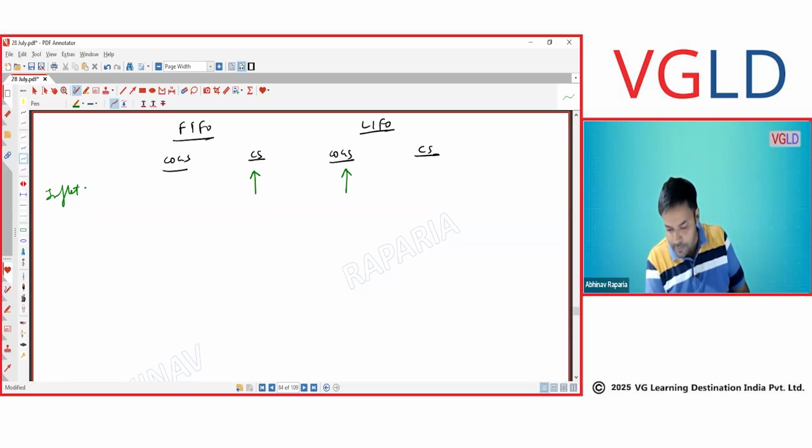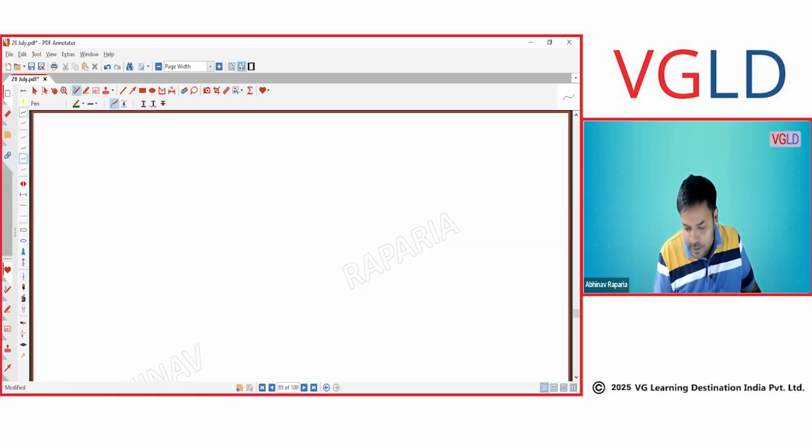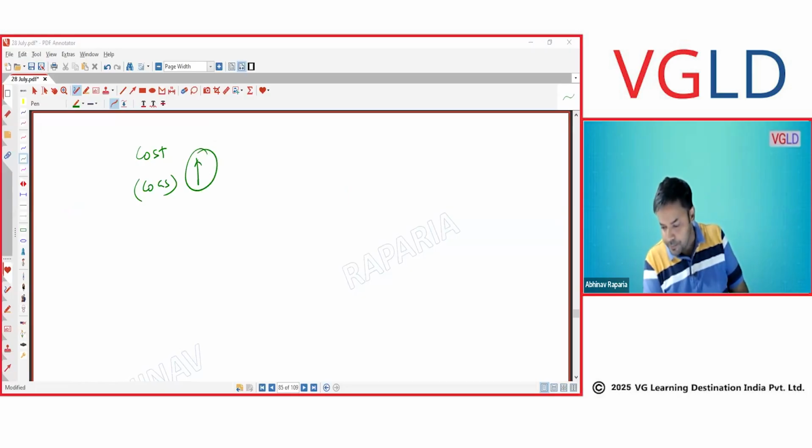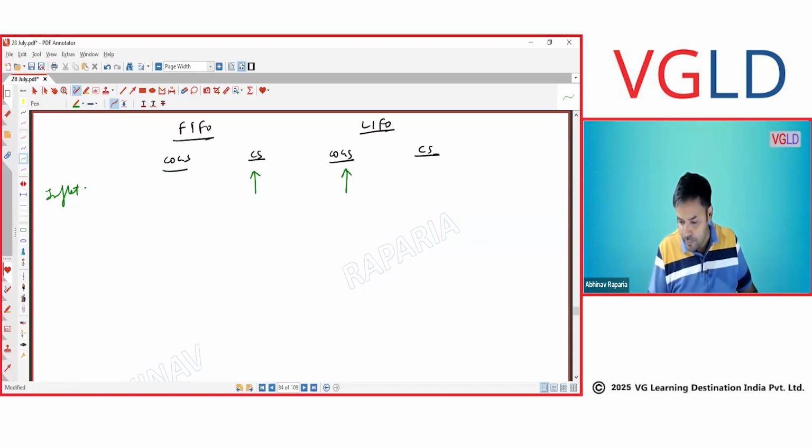Are we good on this point? Yes, no? COGS is nothing but my cost. So where is my COGS higher, FIFO or LIFO? COGS is higher under the LIFO.